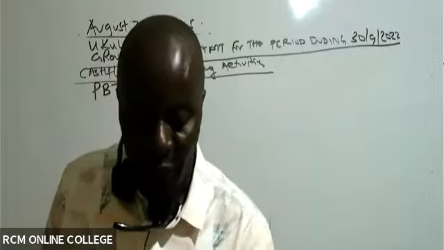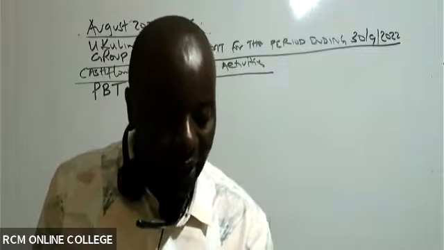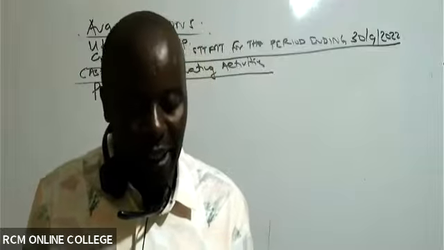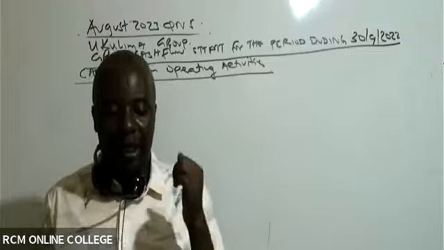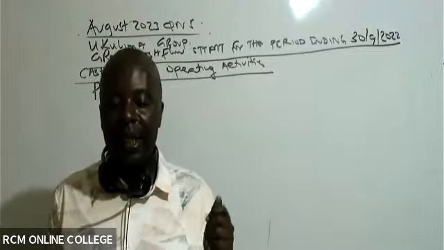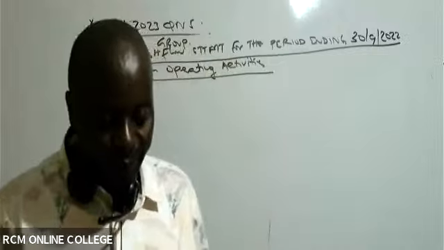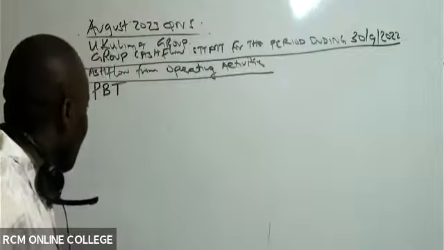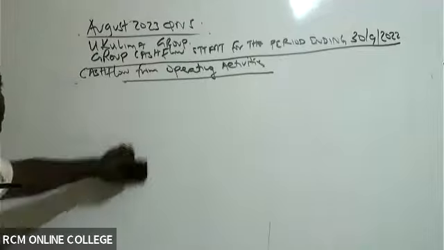And then they're giving us a consolidated statement of P&L and other comprehensive income, just one, like that. So in this income statement, is there somebody who is able to tell me what is the profit before tax?